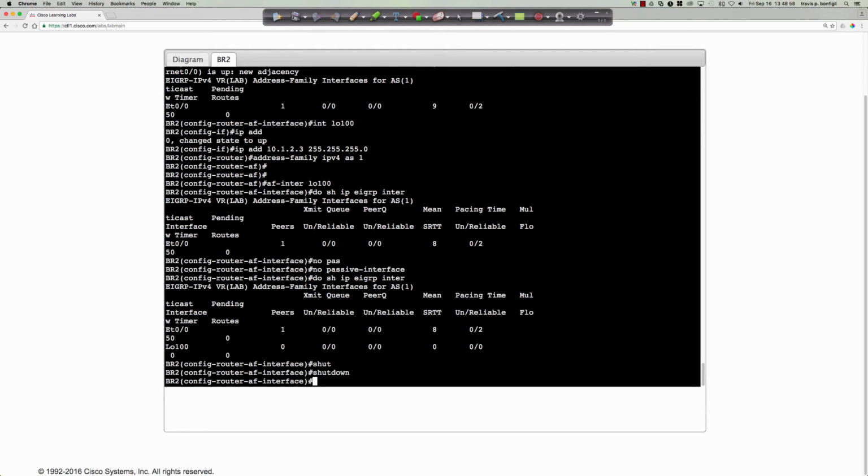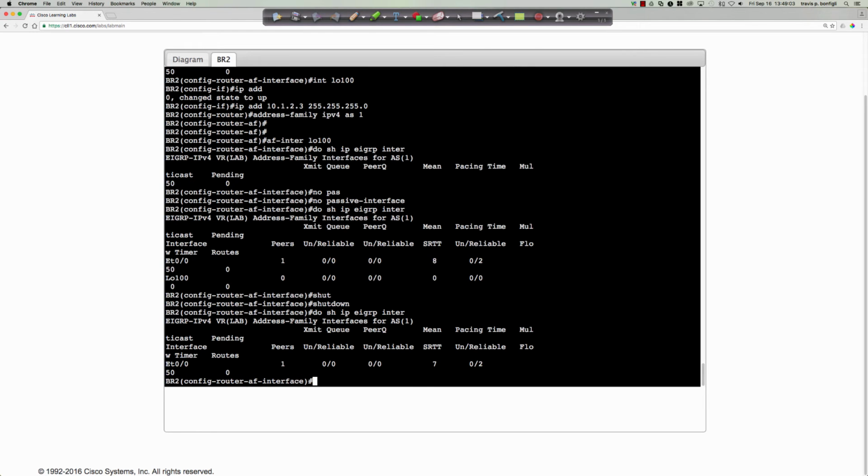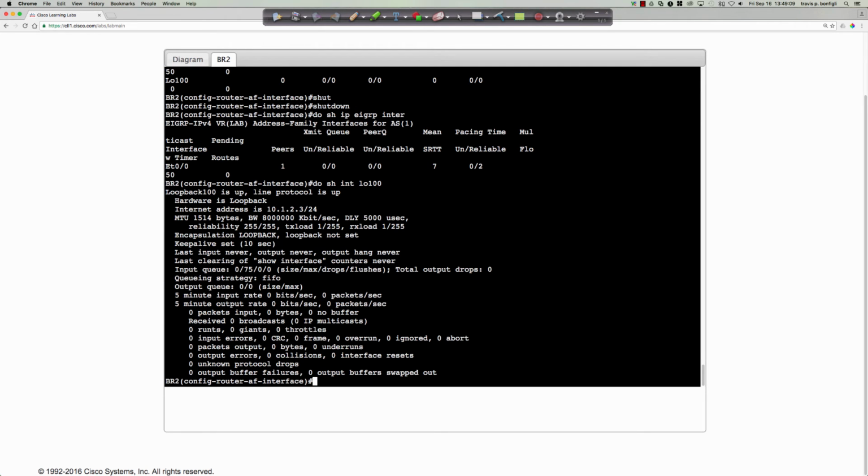So now when I say do show IP EIGRP interfaces, the loopback interface is gone, but is it shut down? Do show int loopback 100. No. The loopback is up and the protocol is up, right? So remember, when you're shutting the interface down in named mode under AF interface for the interface in question, you're shutting down the EIGRP process totally on that interface.